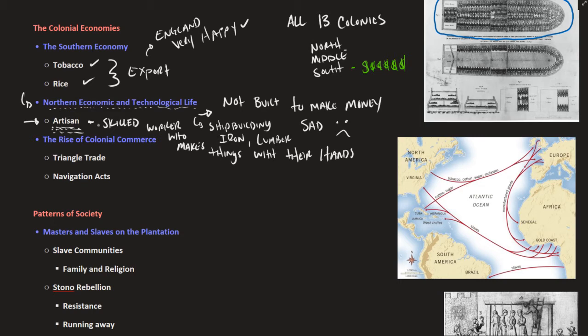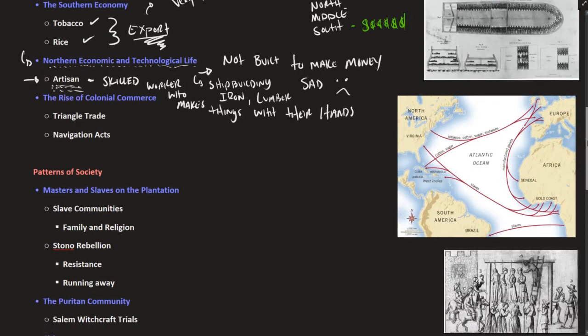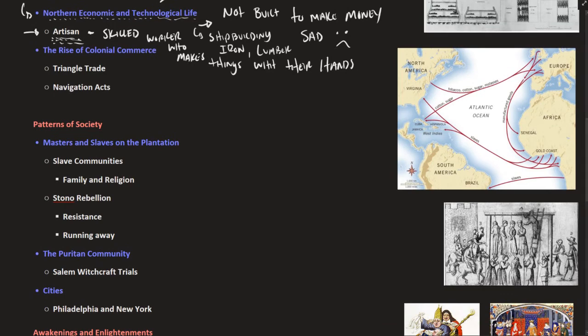And so at the same time, it also meant that the North was a little bit more economically independent, you might say, more economically self-sufficient. Whereas the South required somebody to buy all their goods, the Northern economy could thrive somewhat independently. We'll talk a little bit more about artisans in particular, but you had a lot more abundance of them. And so this put the colonial world, the 13 colonies, into a much larger trade network.